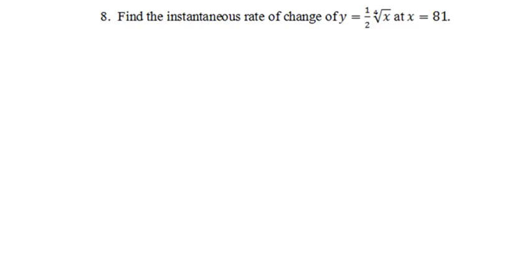Next problem, 8. Find the instantaneous rate of change of y equals 1/2 the fourth root of x at x equals 81. Well, I'm going to rewrite this as y equals 1/2 times x to the power of 1/4.